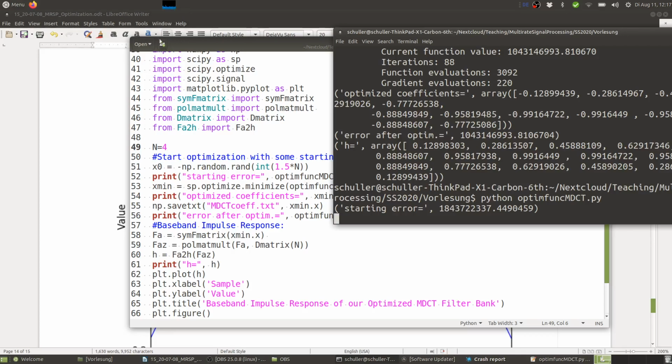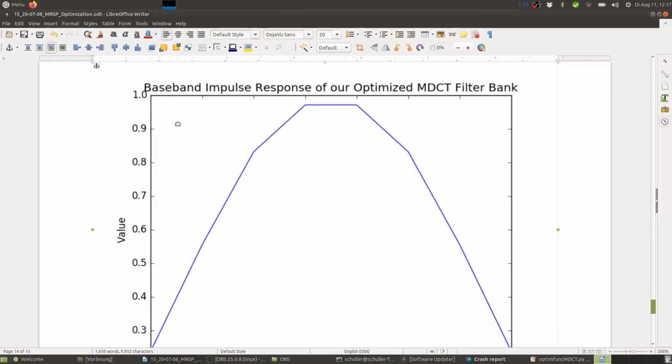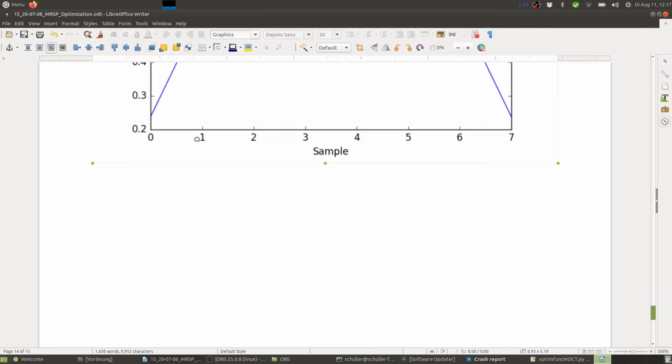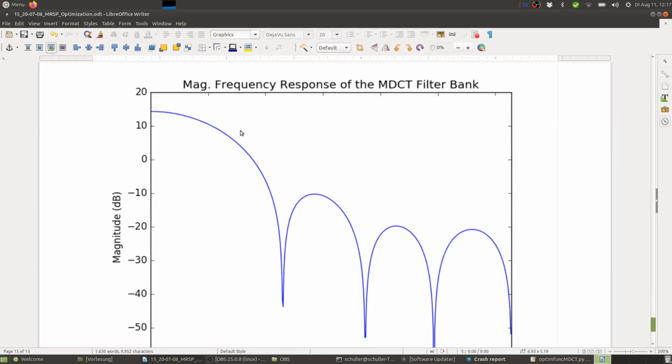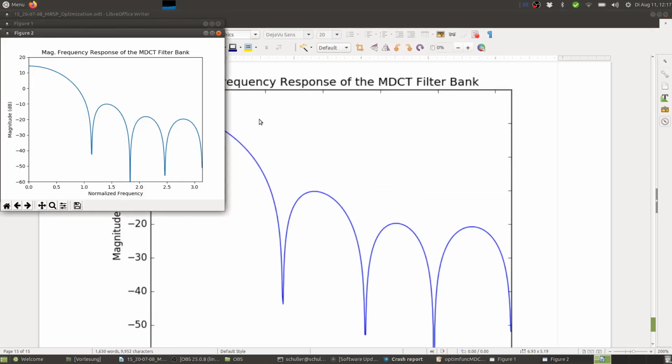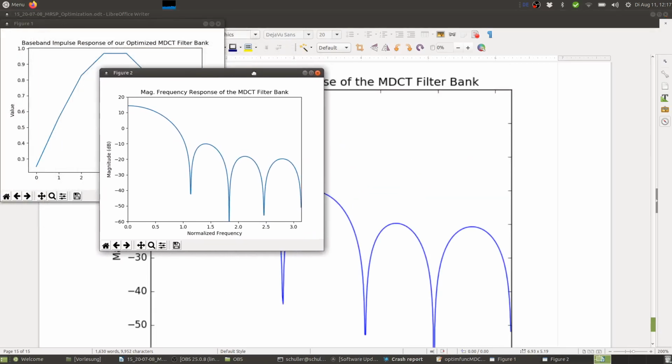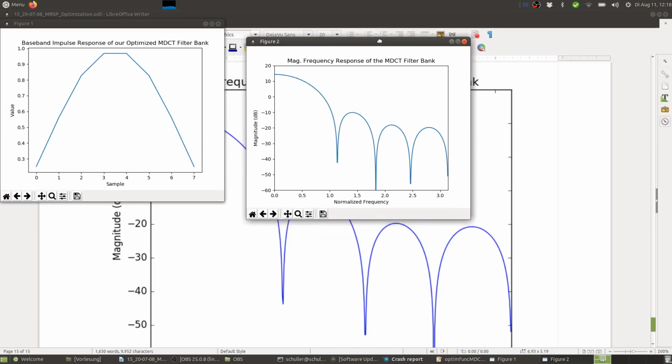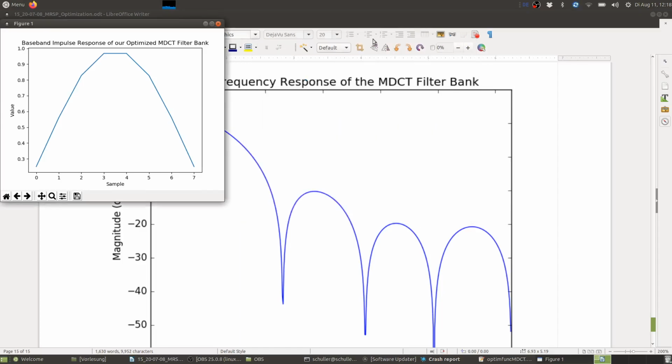Takes a little. Maybe you can let it run in the background. And here's the resulting frequency response for n equals 4 bands. Yeah, now we have it. So it's indeed faster, but it's not blazingly fast. Right, so again, similar shape, but now for n equals 4.